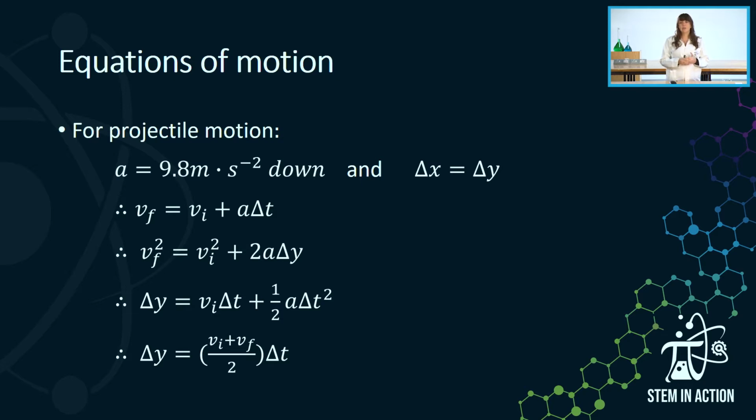On top of that, our delta x, our displacement, sometimes may be displayed as delta y because it is now in the y direction. It is still displacement, and so we still calculate it the same way, but sometimes these equations will look a little different because we will substitute delta x over here with delta y there as well, and over here. In exams, you are allowed to use either version of delta y or delta x.